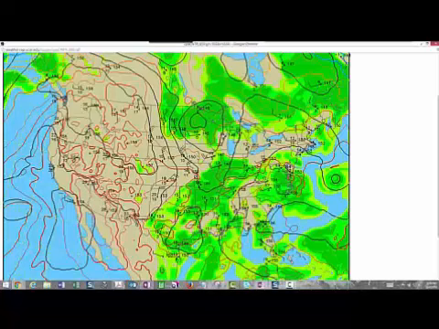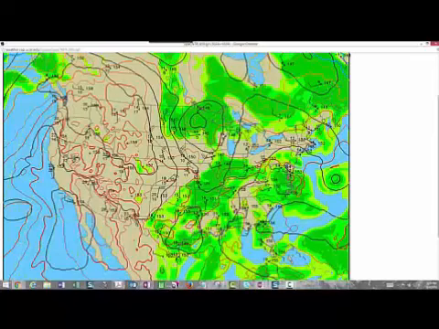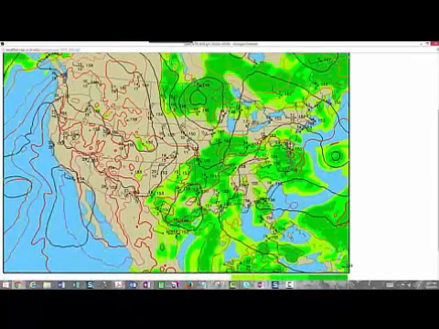So what does that tell you about 24 hours from now? Well, we might have another blob of moisture moving into Iowa. So you not only look at the still shot, but you look at the winds to see how things are moving.